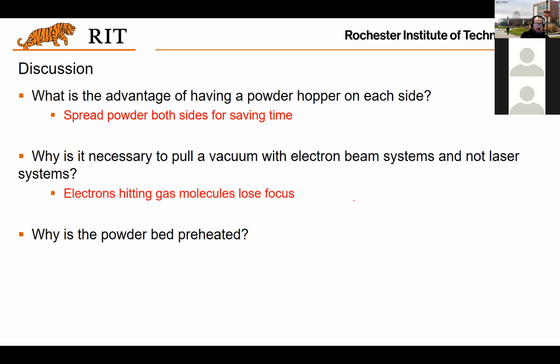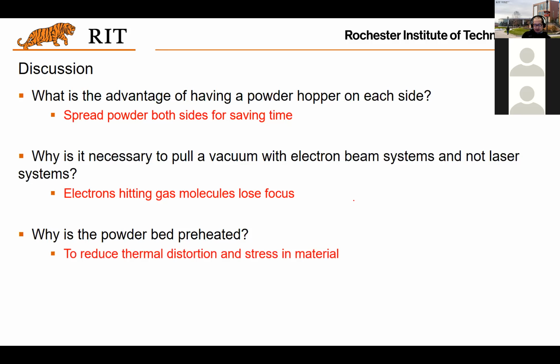And again the vacuum, that is because electrons will hit the gas molecules, and that will make the electron beam lose focus. And that's why electron beam systems require a vacuum, but laser-based does not.